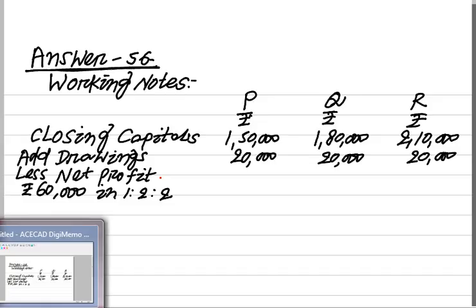That's why it is 60,000 into 1 by 5, 12,000, 24,000 and 24,000. Now we will be getting the opening capital.